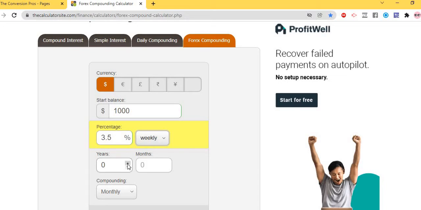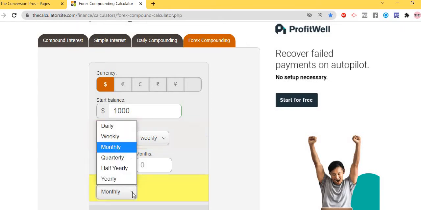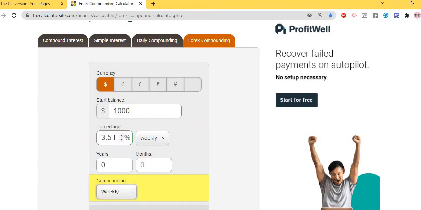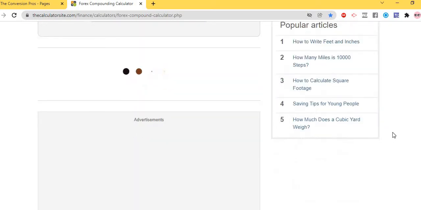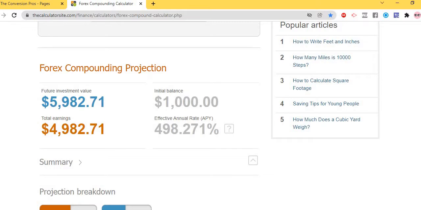Let's do it for your first year. What you need to understand is every time you start your investment, you want to go for a whole year. So I want to show you what it's going to look like if you start with 1,000. Let's go ahead and compound that, and we're talking about $5,000.